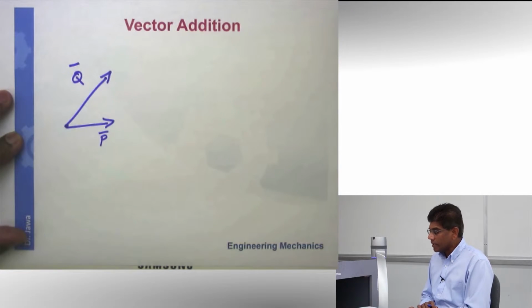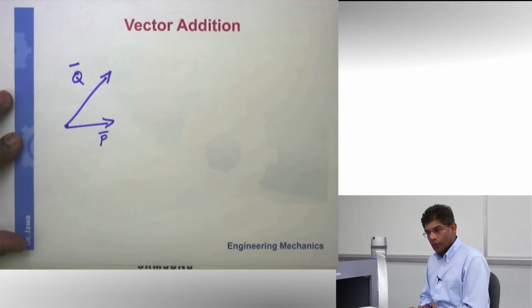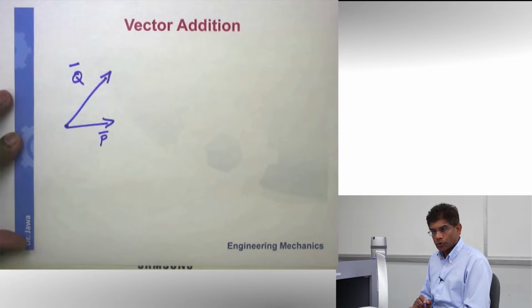And I want to add these two vectors. There are a couple of ways of doing this. One is a graphical approach. A graphical approach is basically based on making a sketch to the scale. So you need proper drafting tools such as triangles, rulers, protractors, and a pencil. So assuming you have all that, let's do a graphical approach of adding two vectors.